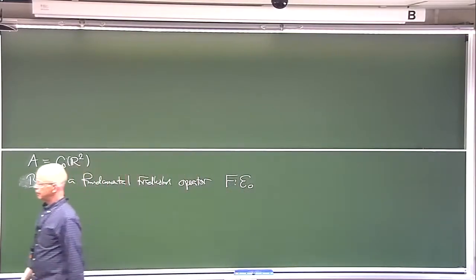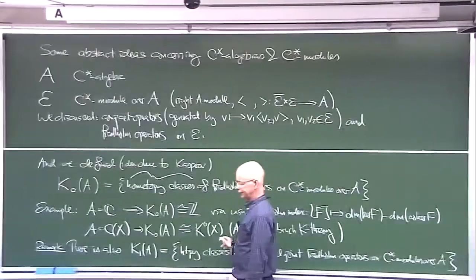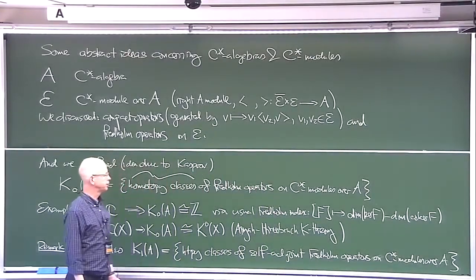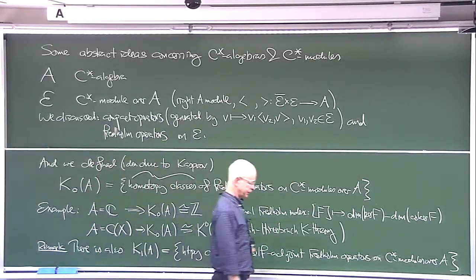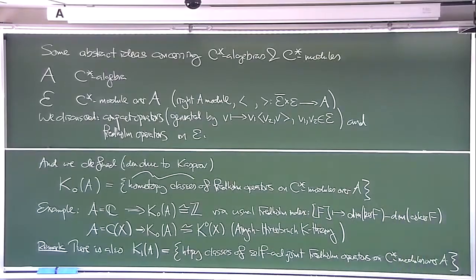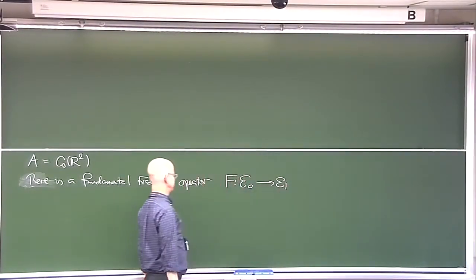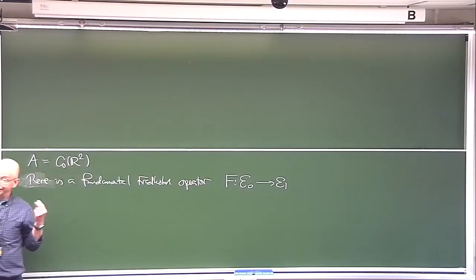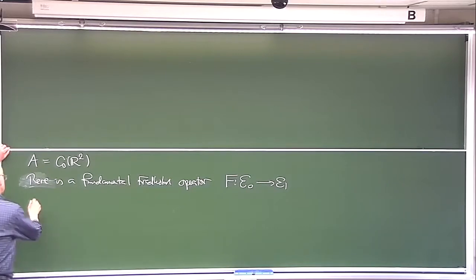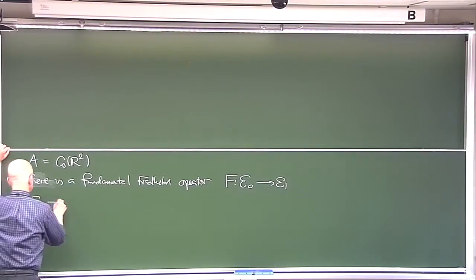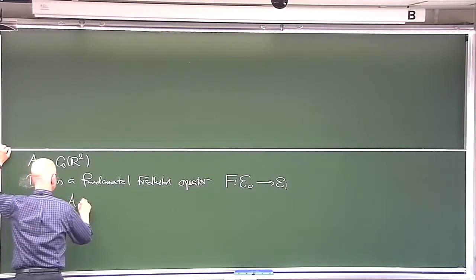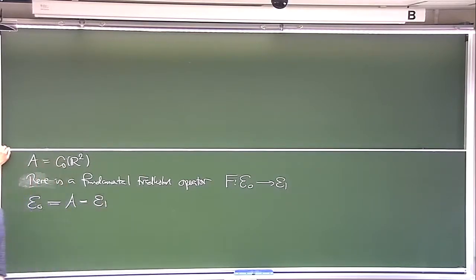I didn't mention it here, but these Fredholm operators can map one C-star module into a different one, and I'm trying to, from here on, get into the habit of allowing that possibility. In this particular case, E0 will equal E1, but that's just a sort of coincidence. So the modules will just be copies of the algebra viewed as right modules.